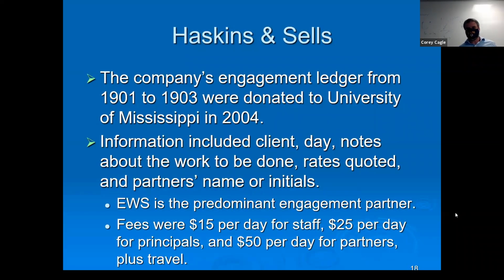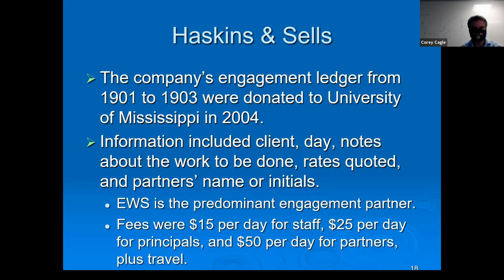Ole Miss has Haskins and Sells' records. Ole Miss is where I got my PhD, so we're able to look at all this stuff. Someone else has looked at it very thoroughly, and some of what they pulled is that their ledgers show the clients, the day, notes about the work, rates, and partners' names or initials.